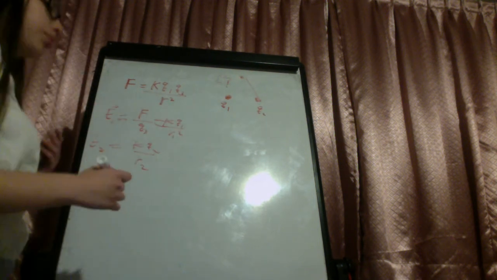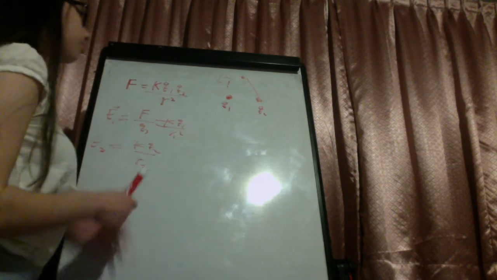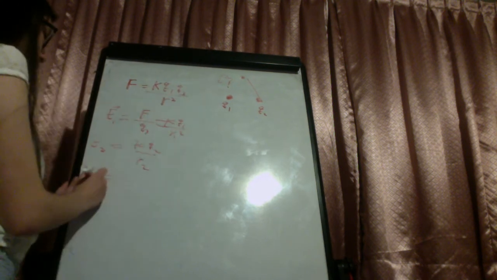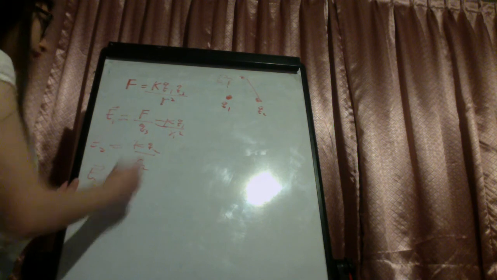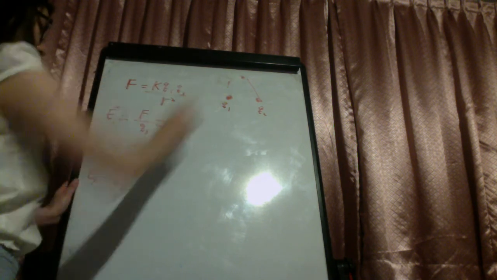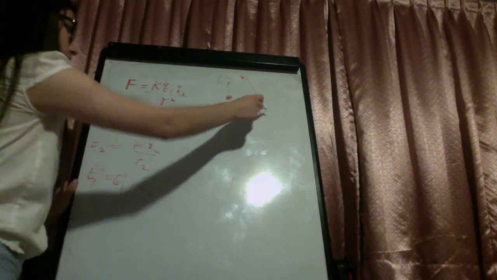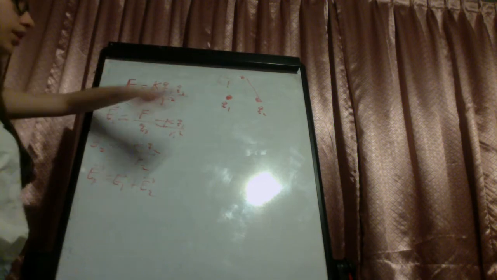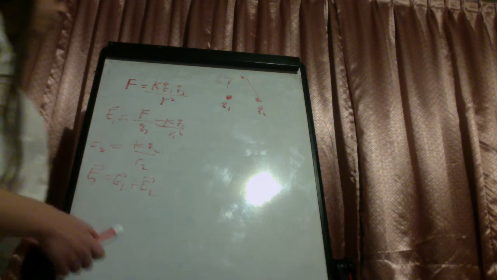So the principle of superposition that we see in many fields is that the electric field at the point P is equal to the electric field at this point due to this charge, plus the electric field at that point due to this charge, and plus the electric field at that point due to any other charge. But let's say that everything is neutral and we just have these two, then it would be this. This is the principle of superposition.